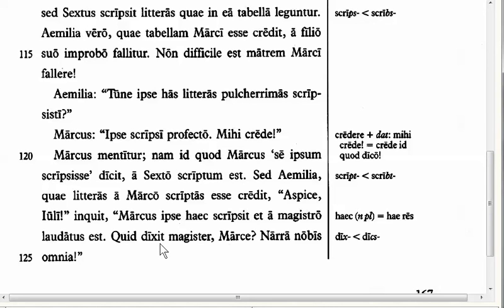So dico, dicere, the stem is dic, D-I-C. If you add a T to dic, you end up with dict, and then add us, a, um to that: dictum, dictus. That is your perfect passive participle.